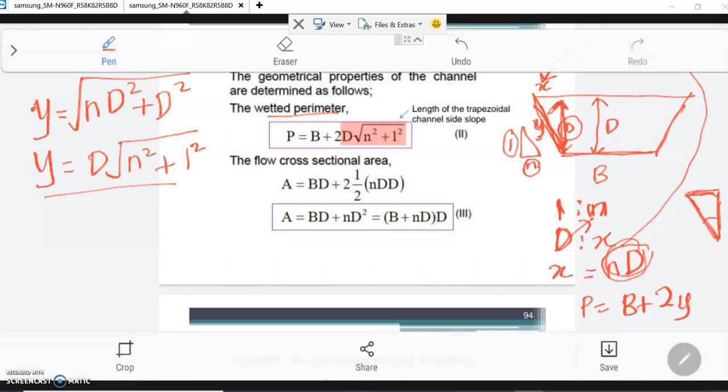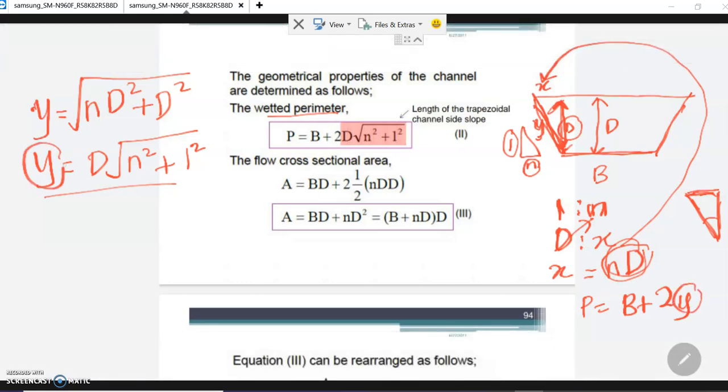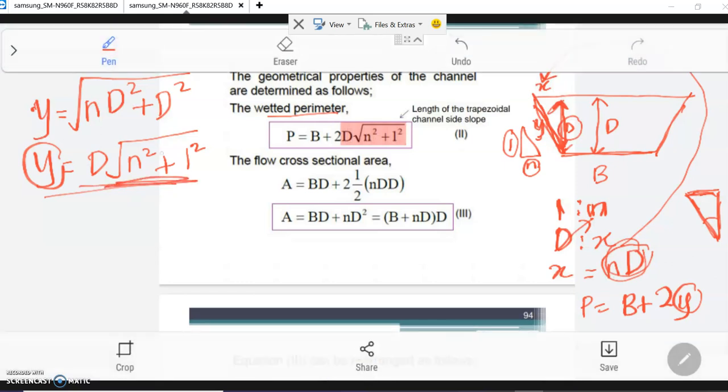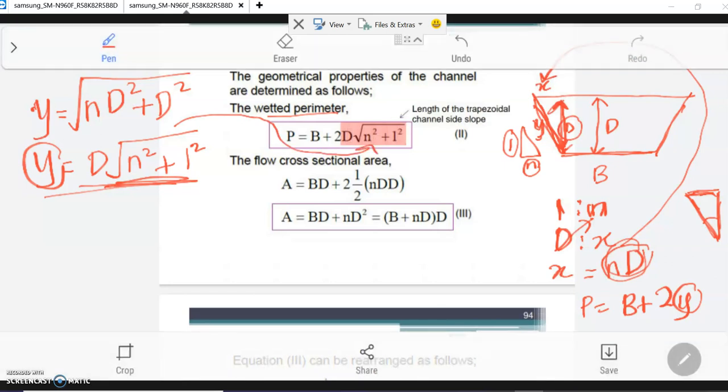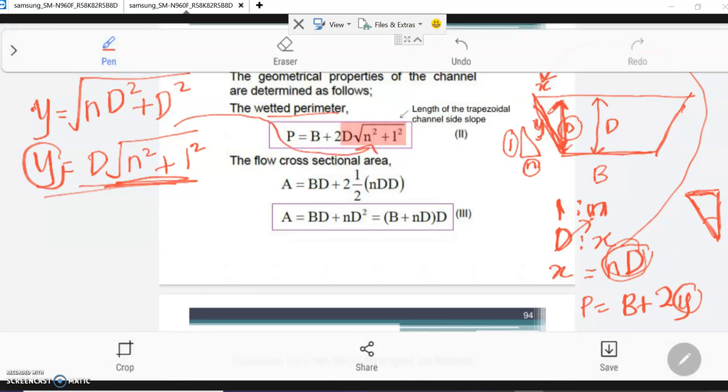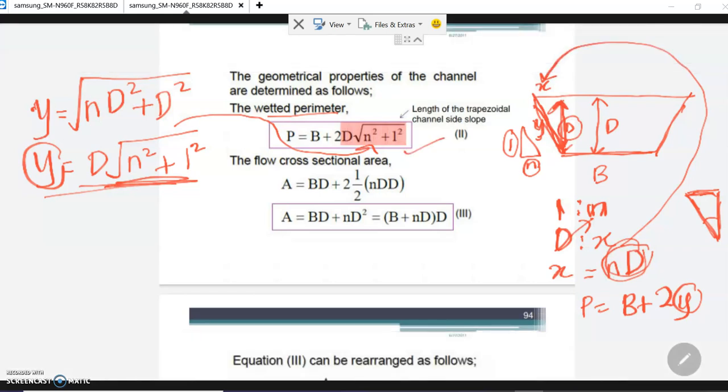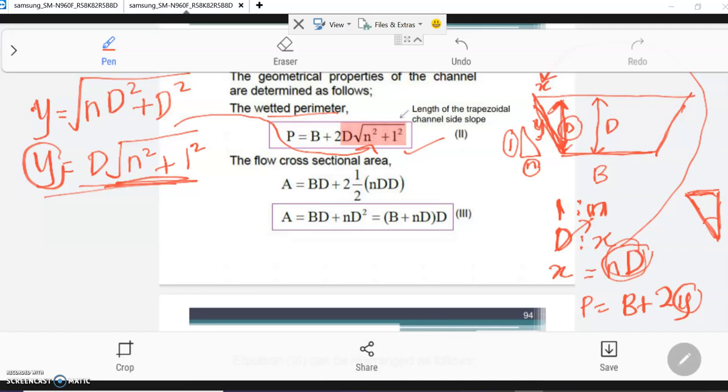So since Y is this one, so you put it into the formula for the parameter. Okay, so you get your P in terms of B, N and D. Okay, so settle for P.